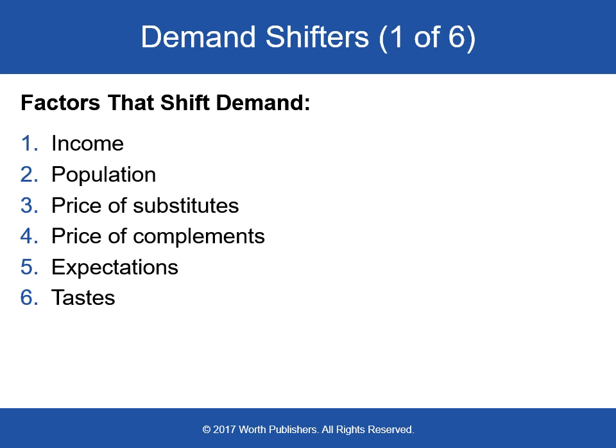The price of a complement is the price of a good which is always associated with the good we're trying to buy. A complement is a good which is consumed at the same time as the product we're trying to analyze. Another factor that can shift that demand curve to the right or left is expectations.